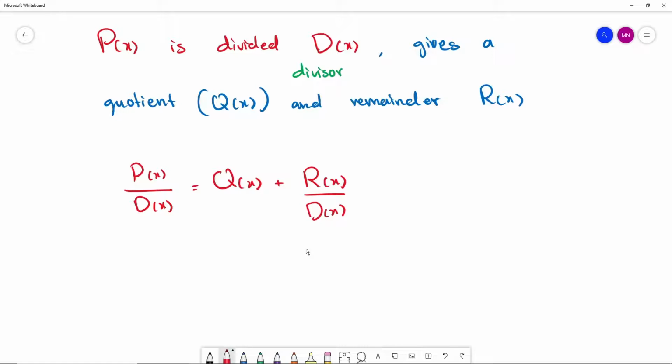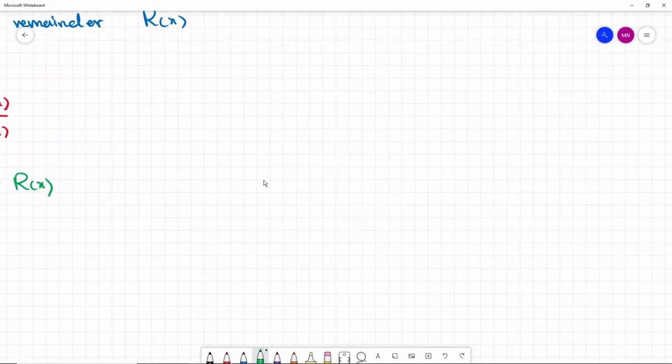If you are confused about what all of this means, never mind, I will show you an example after this. Okay, forgot about one thing. This formula can be simplified, so it becomes P(x) equals Q(x) D(x) plus R(x).